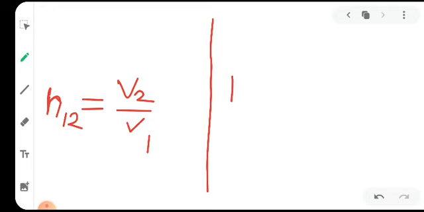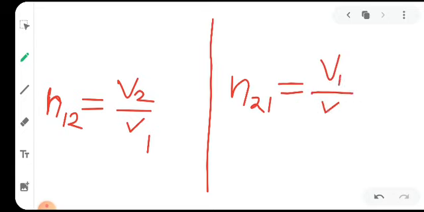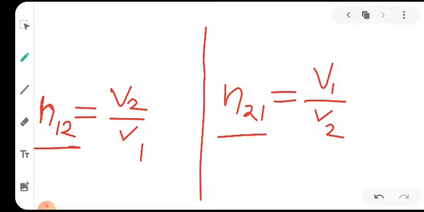And what was the relative refractive index of medium 2 with respect to medium 1? It was v1 over v2. And how are n12 and n21 related? Can you guess? Yeah, exactly. n12 and n21 are actually reciprocals of one another.